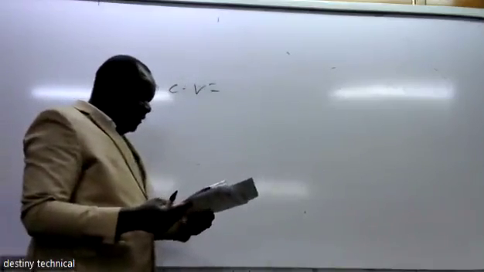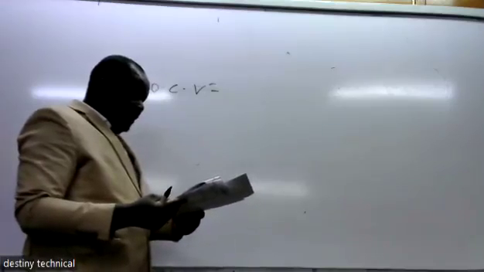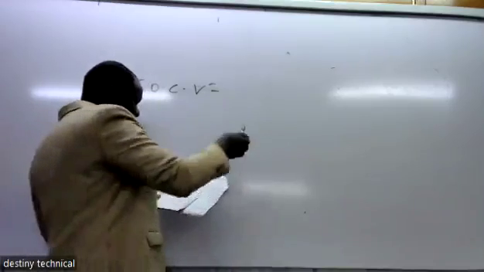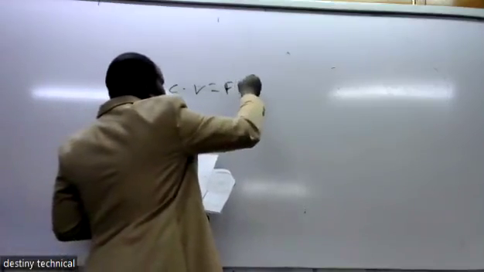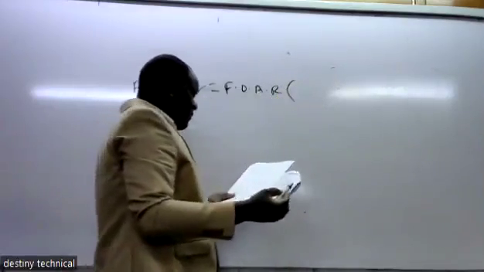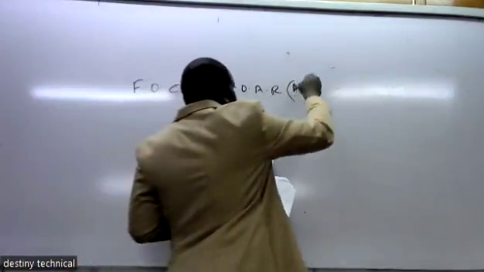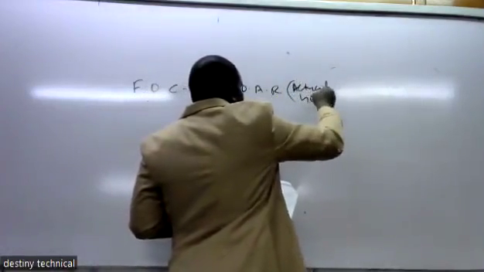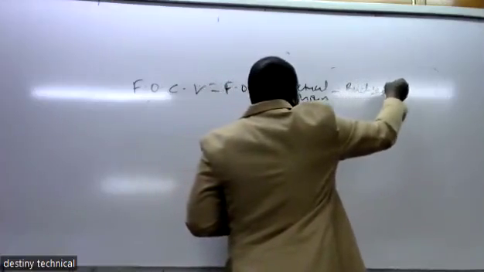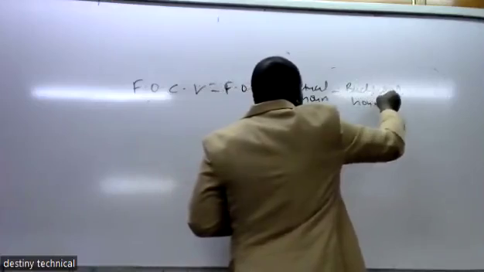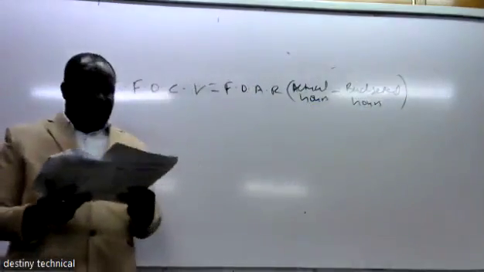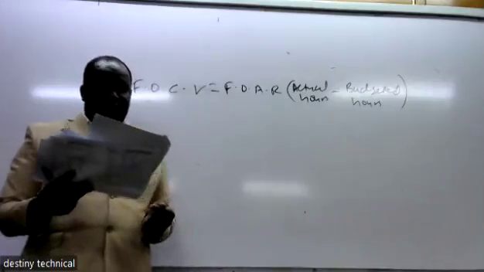it is given by the fixed overhead absorption rate in brackets of the actual hours minus the budgeted hours.